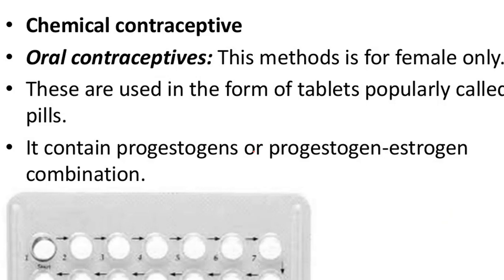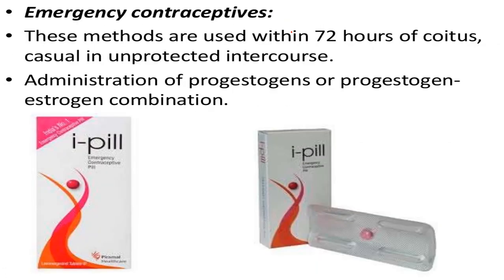Moving to the next method, chemical contraceptive. You might have seen the ads of iPill, right? iPill, you might have seen this ad. So that is an emergency contraceptive. Basically, if a couple has unprotected sexual intercourse and there is a concern that the girl might be pregnant, then the girl has to take this tablet.